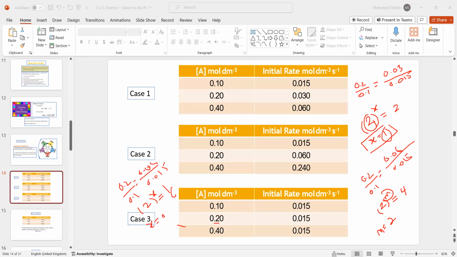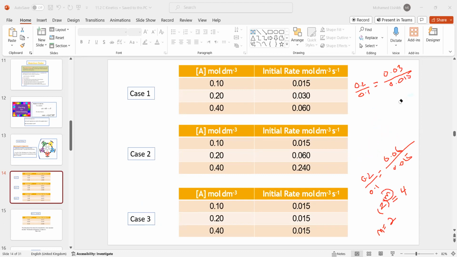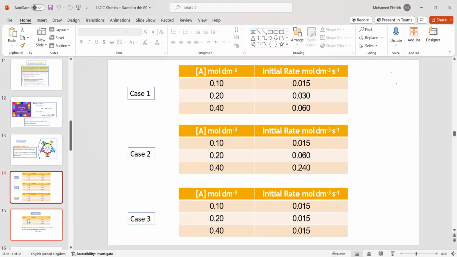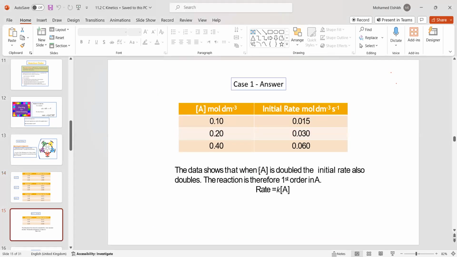Okay? So this is basically what's meant by the order of the chemical reaction and how to determine it from experimental data and from mathematical calculations. Okay, so if we take an example on this, here we were told that this chemical reaction, the data shows doubled.